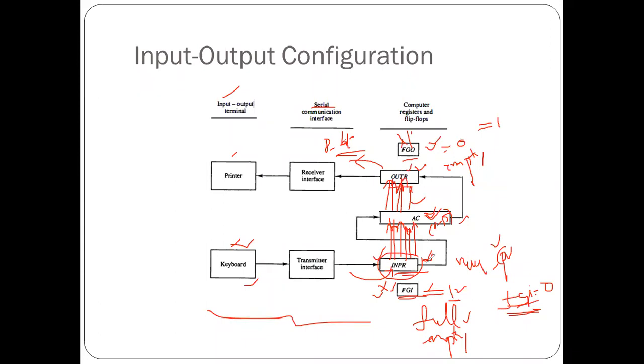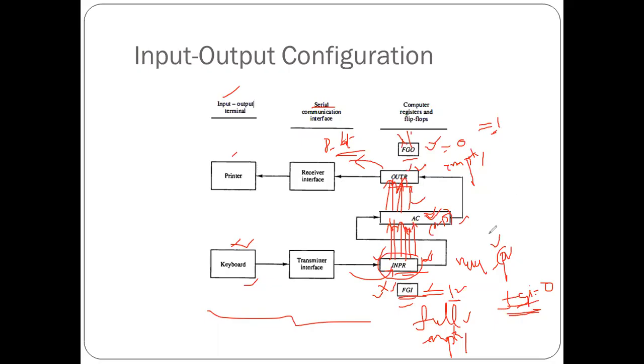If the FGI flag is 1, it means the CPU has to perform a read operation with respect to the input device. And if the FGO flag is 1, it indicates that the CPU has to perform a write operation with respect to the corresponding output device.